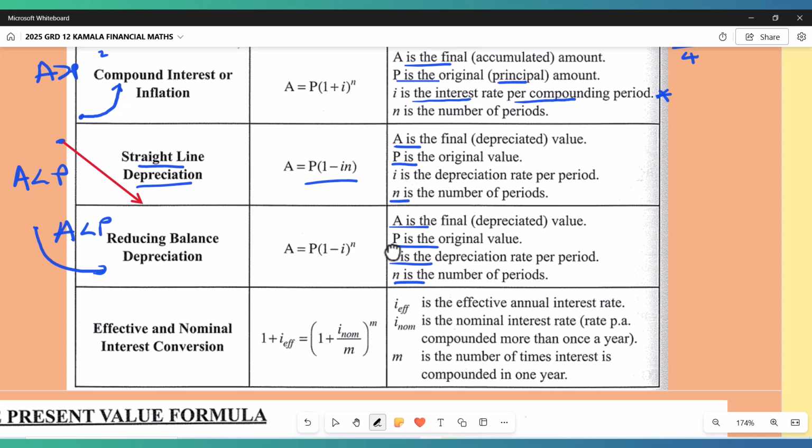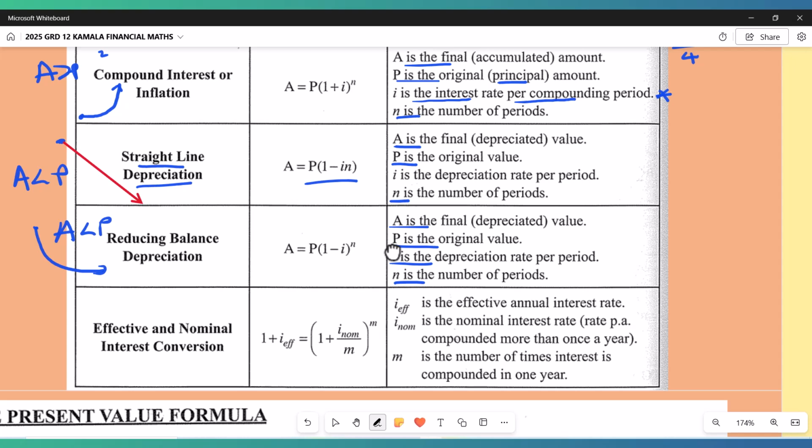Note that for compound interest, straight line, reducing balance, and simple interest, n is the number of periods.